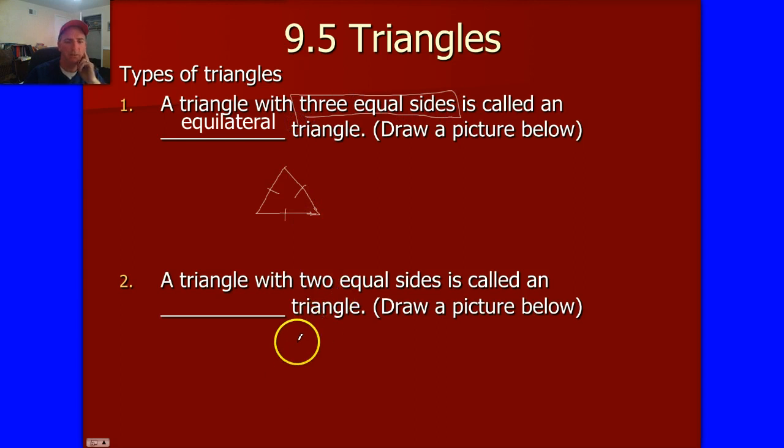All right, if I have 2 equal sides, that's called an isosceles triangle. And here you could have a tall, skinny one. So notice what I'm trying to draw here is if those two were equal and this one was not, now the one mark means that they're equal because they both have 1 right there.